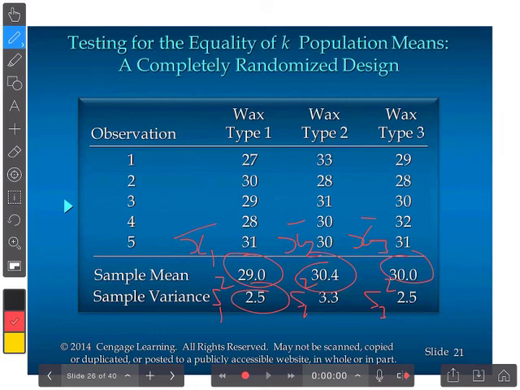Because to calculate MSE, we need n_j minus 1 times S_j squared. S_j squared is the sample variance for sample j or treatment j. So we could set this up very nicely and very easily in Excel.